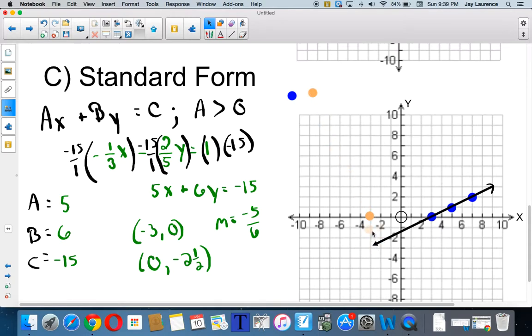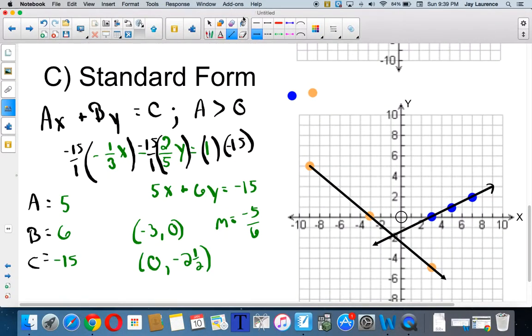We're down 1, 2, 3, 4, 5, 1, 2, 3, 4, 5, 6. Right? And then we could always go up 5 and back 6. There you go. And that's going to produce our other line. Notice that positive lines look like they're going up to the right, and negative lines look like they're going down to the right. Sorry, the lines aren't actually positive or negative, it's the slopes.